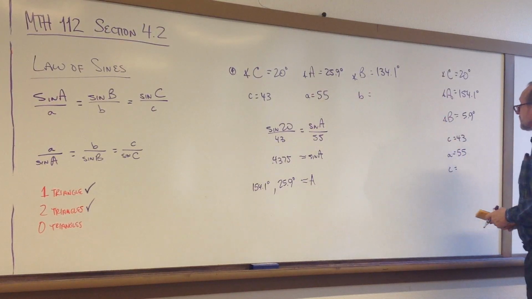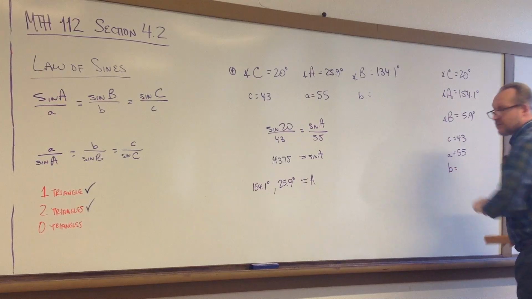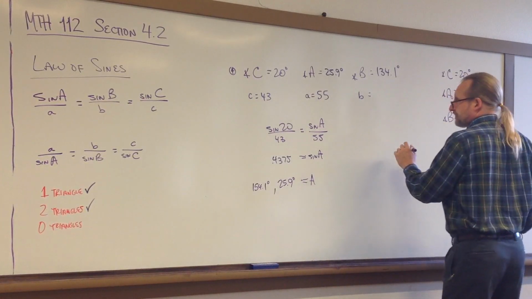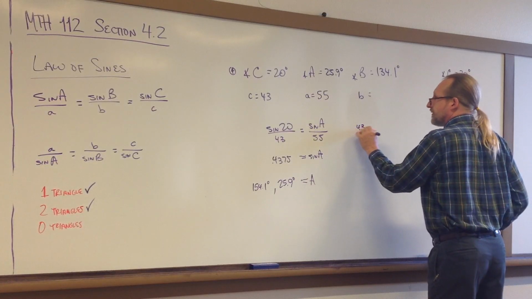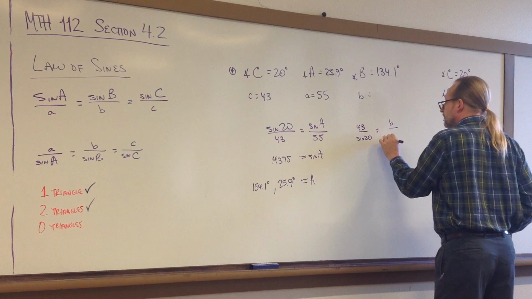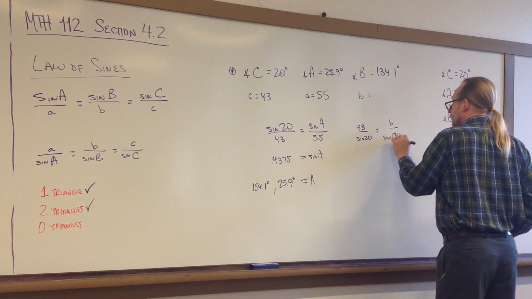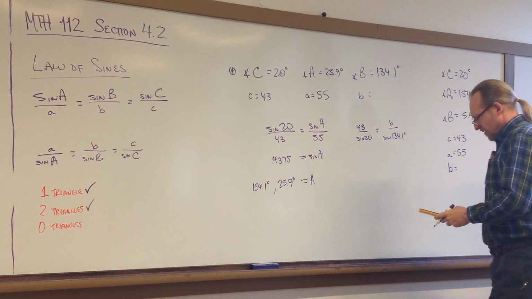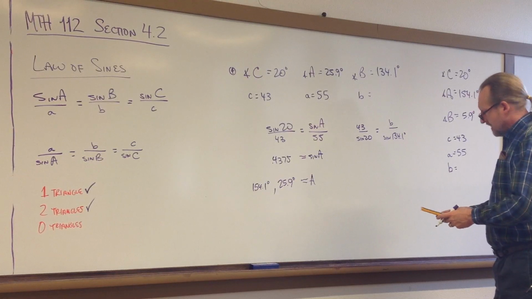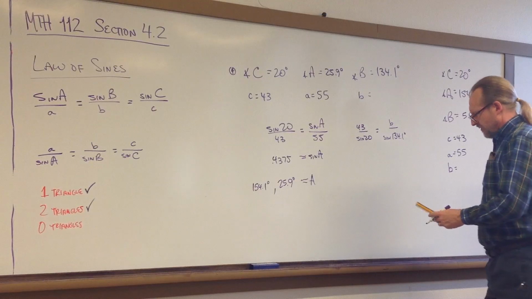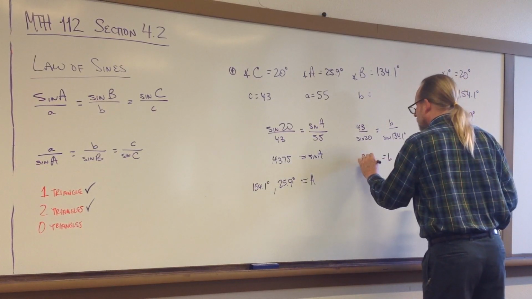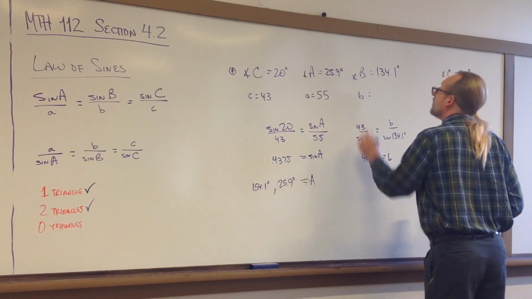Now we just need to find the two possible lengths for side B. All right, so here we're going to have 43 over the sine of 20 equals B over the sine of 134.1. 43 divided by sine 20 times the sine of 134.1 says side B is going to be 90.29.